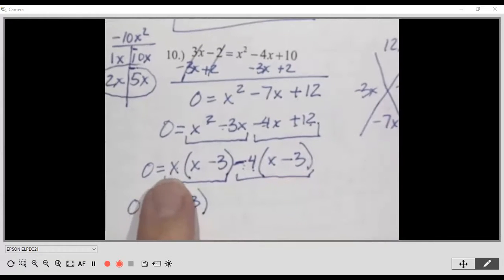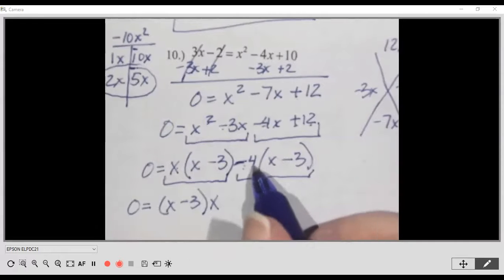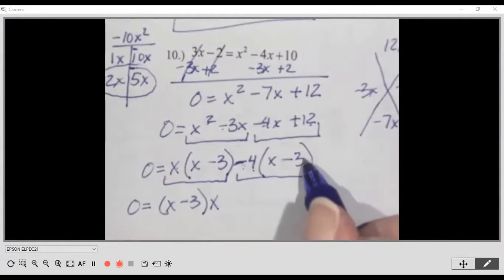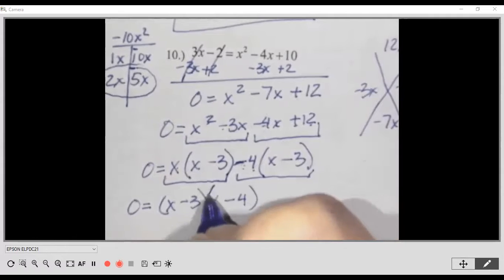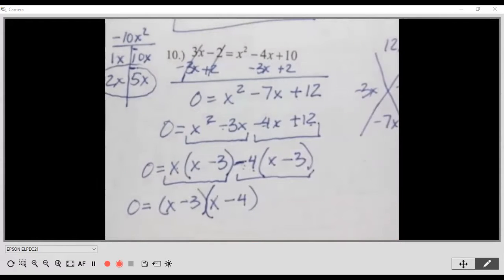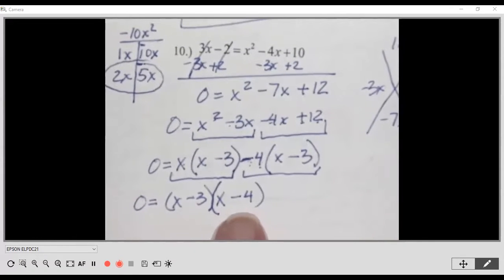So what's x times the quantity x minus 3 divided by x minus 3? The x. And if I have negative 4 times the quantity x minus 3, and I factored out the x minus 3, what do I have left? The minus 4.